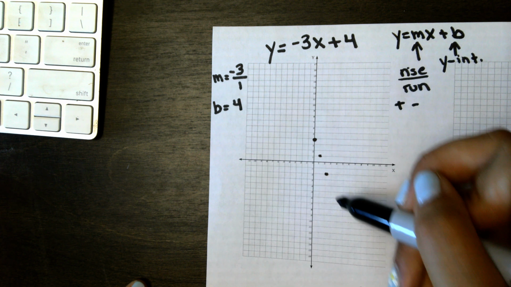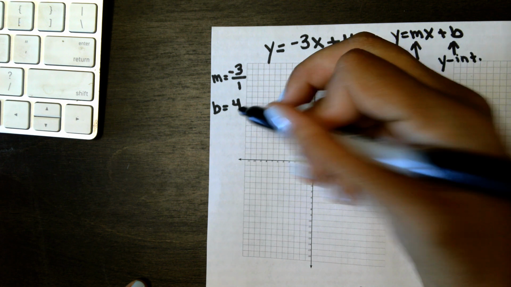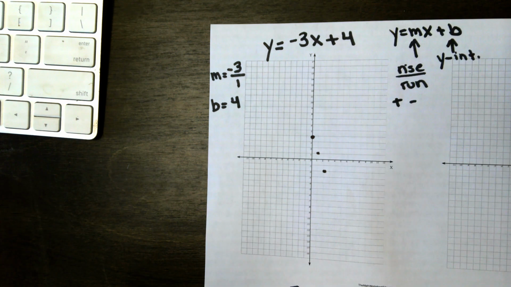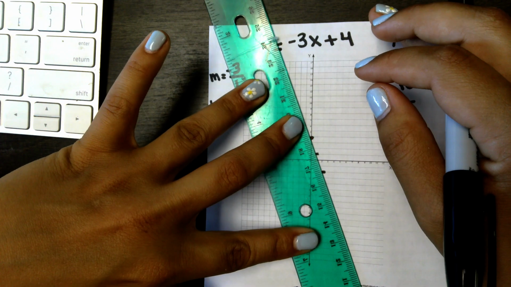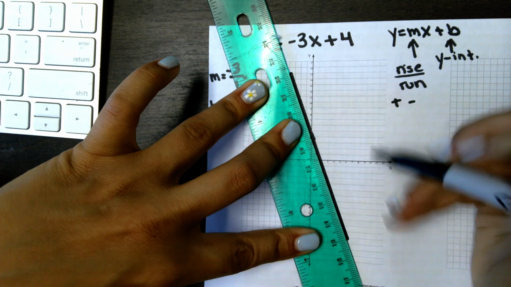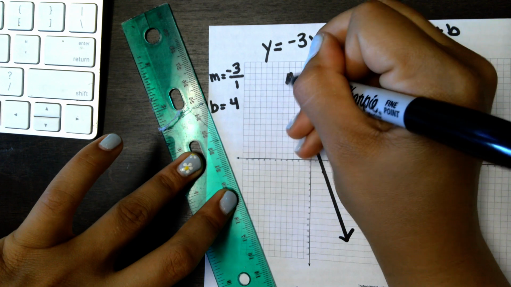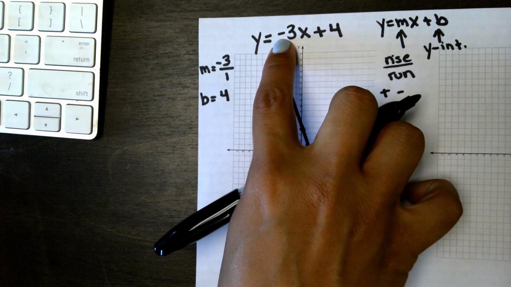See how it's going down to the right? That crosses the y-axis at 4. So I'm going to use my ruler and make my line. And there's that graph. And if you were to plug this into a graphing calculator, you would get this.